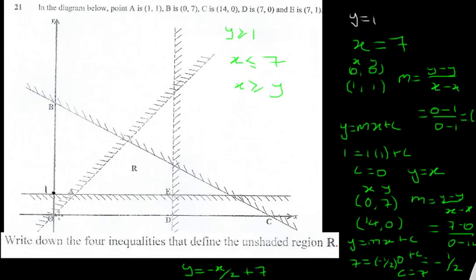Is it this part or that part? So we would pick any point, let's say 0,0, and we would test it out. We would have 0 compared with 0 plus 7. So we would have our sign facing this direction. So we would have y is less than negative x over 2 plus 7. And those four are our inequalities for this diagram that we have on question number 21.